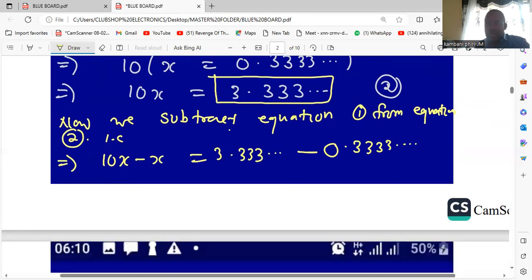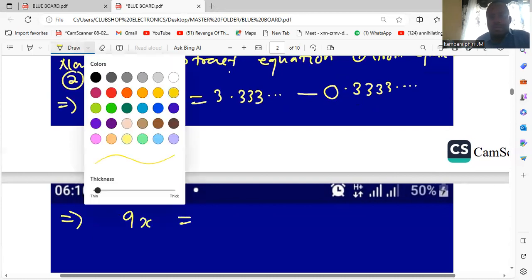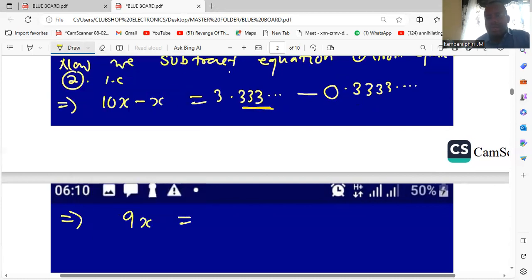Now, what does this imply? This implies that when you subtract here, you get 9x. This will be equal to, now, because these are the same and they are repeating, it means when you subtract, that will be 0. Therefore, just subtract these 3 and 0. So it will be 3 minus 0 there.